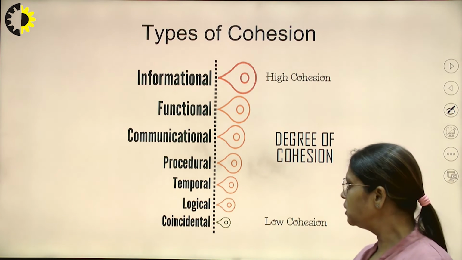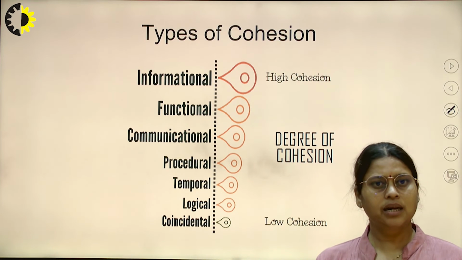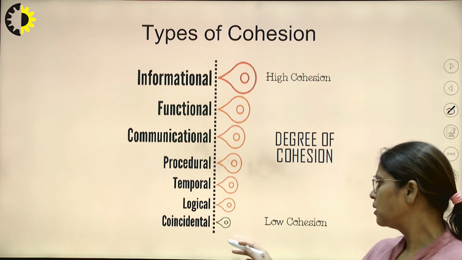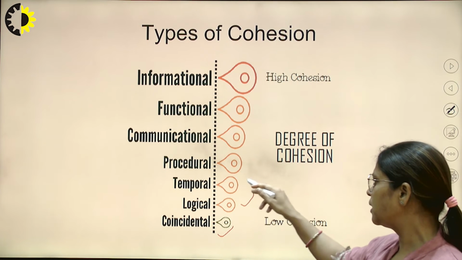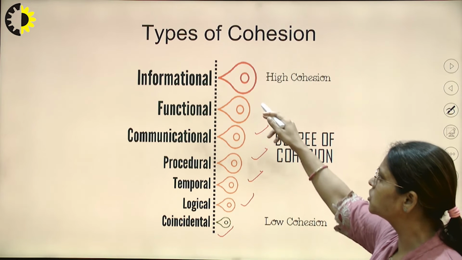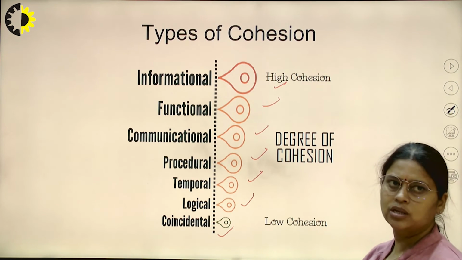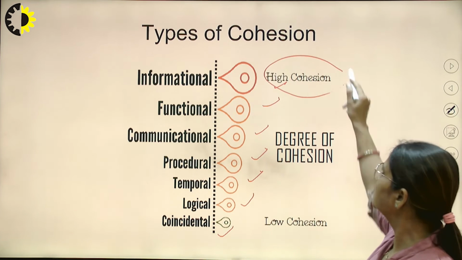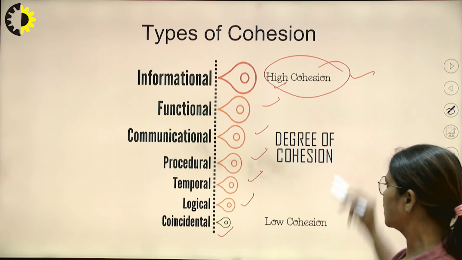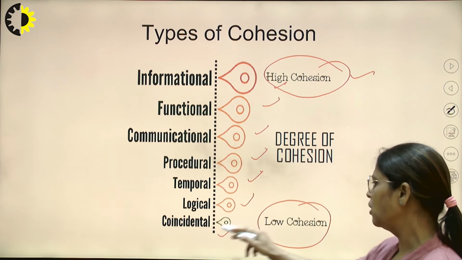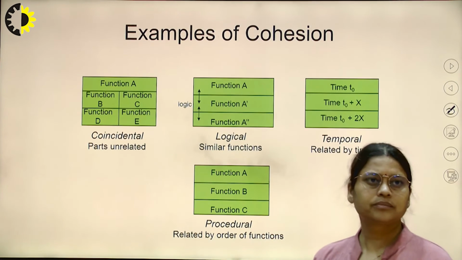These are the types of cohesion, similar to the coupling types: coincidental, logical, temporal, procedural, communicational, functional and informational. This is high cohesion, the best cohesion, and this is low cohesion, the worst cohesion.